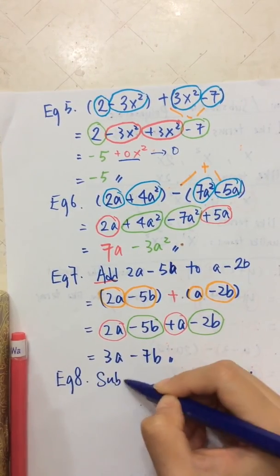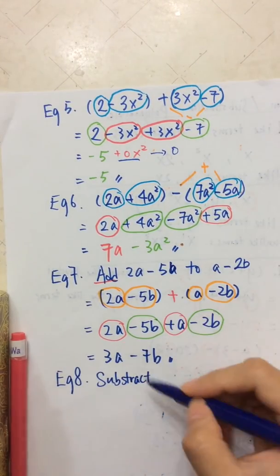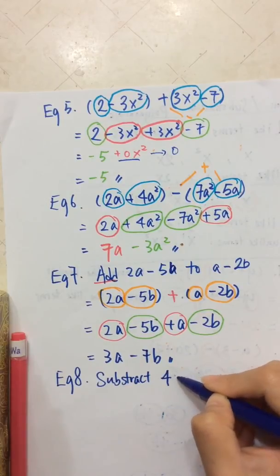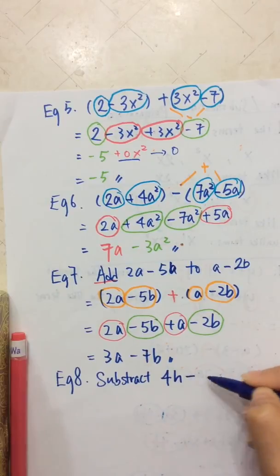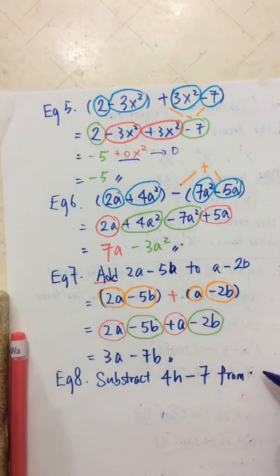It will be like: subtract 4h minus 7 from 8h minus 15.